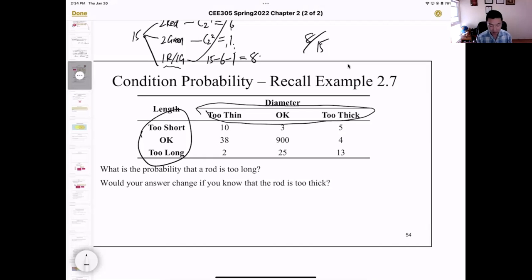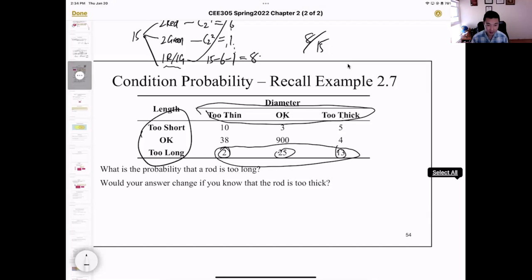The rod being too long includes 3 situations. We have 2 rods which are too long and too thin, 25 rods which are too long but the diameter is okay, and 13 rods which are too long but the diameter is too thick.